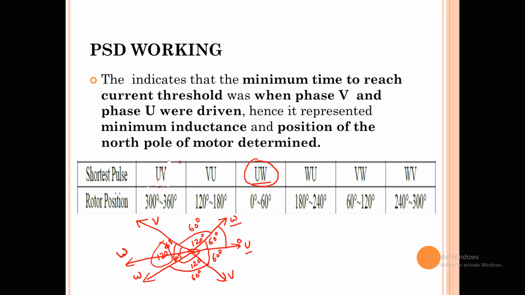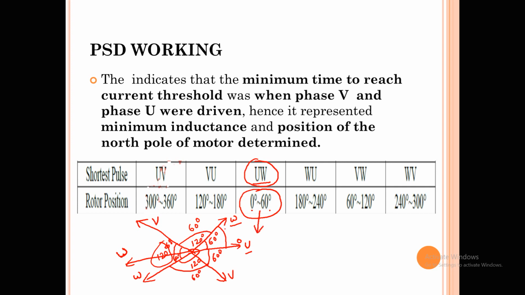It means that the rotor is positioned between 0 degrees and 60 degrees. So now you know the exact position of your rotor, right?